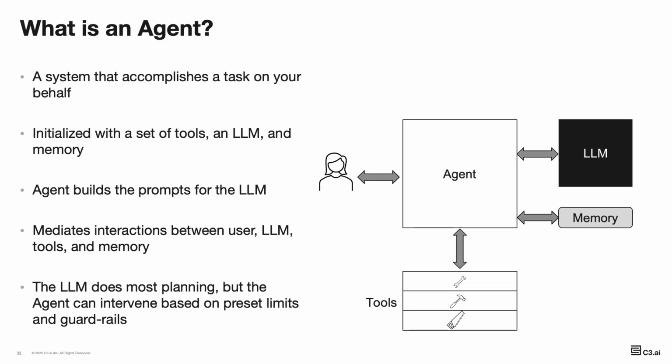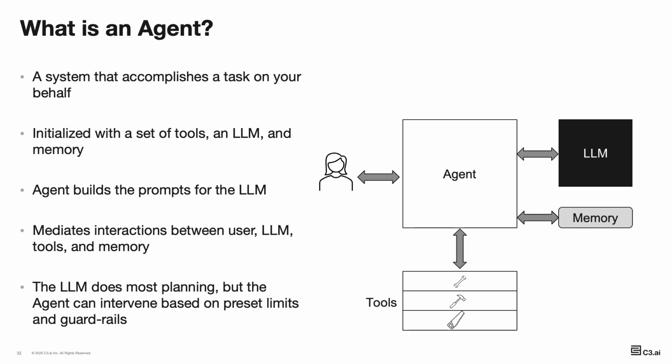Okay, now let's talk about how we use these in agents. The first question is, what is an agent? An agent is a system that accomplishes a task on your behalf. That's pretty general. An agent is going to involve probably a human being or something calling that agent. It's going to involve an LLM, which will be used for planning and maybe other reasoning.